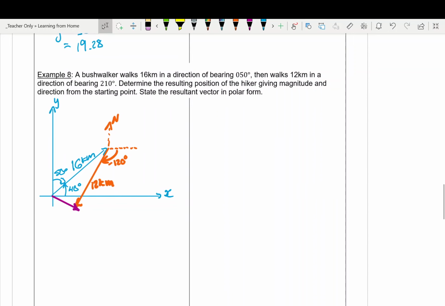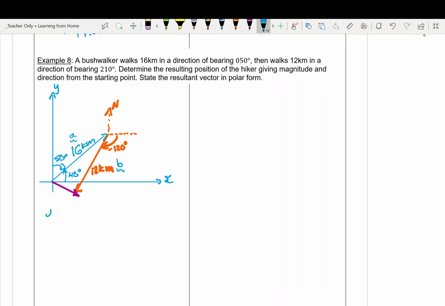Once we have them in Cartesian form, we can just add the components, and that'll find us our resultant. So let's call this first vector A and the second vector B. A is going to be given by 16 cosine 40 plus 16 sine 40. Can't forget my unit vectors though, i and j.